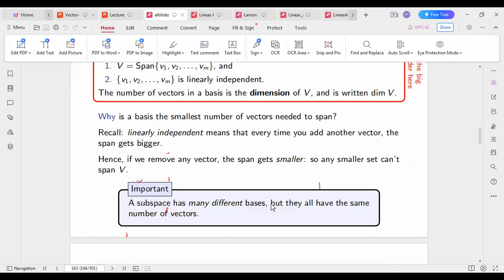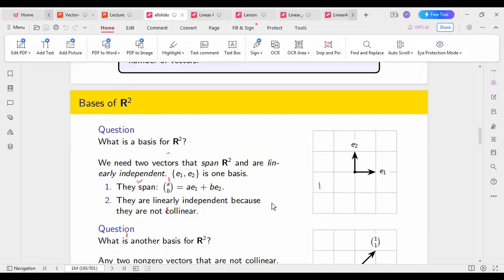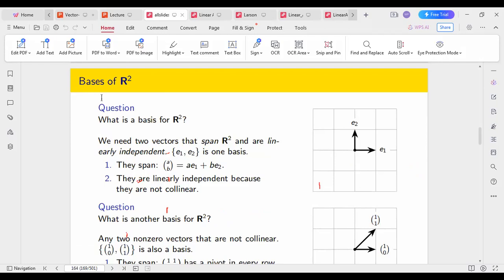Now we can verify with some examples. Basis of R2: what is the basis for R2? In R2 space, we need two vectors that span R2 and are linearly independent. e1 and e2 is one basis. Suppose this is e1 and this is e2. These two vectors can span by linear combinations with some scalars a, b.